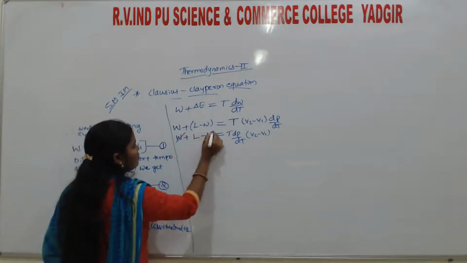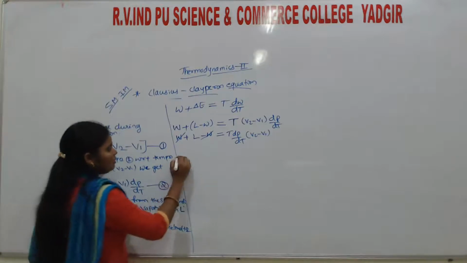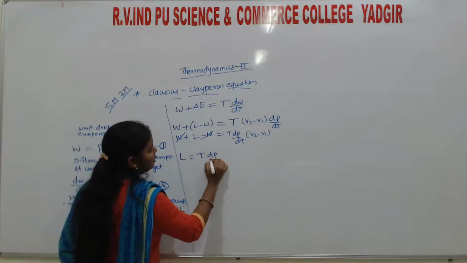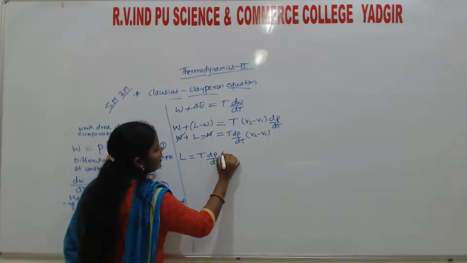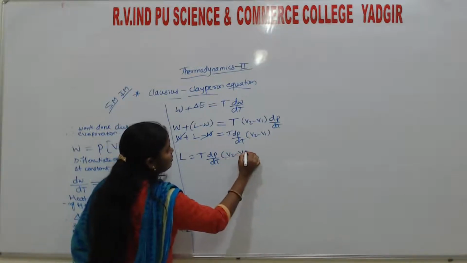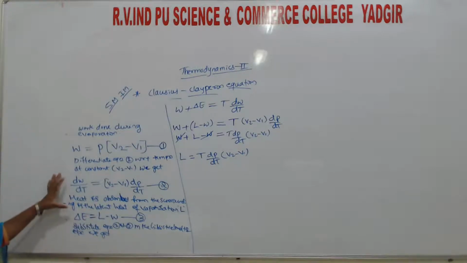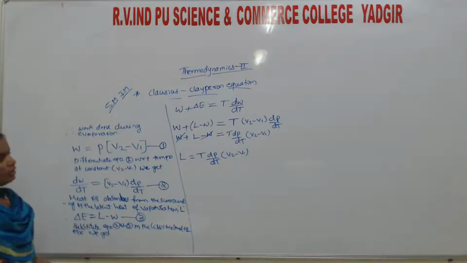The plus W and minus W cancel. You substituted these two equations in the Gibbs-Helmholtz equation and you get L is equal to T dP divided by dT into V2 minus V1.